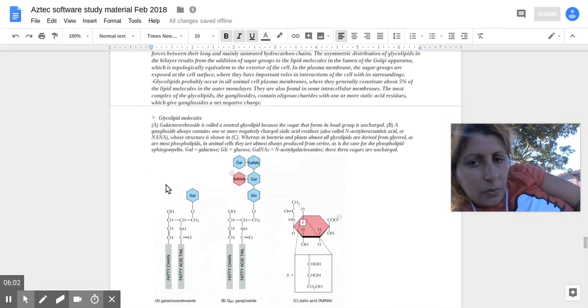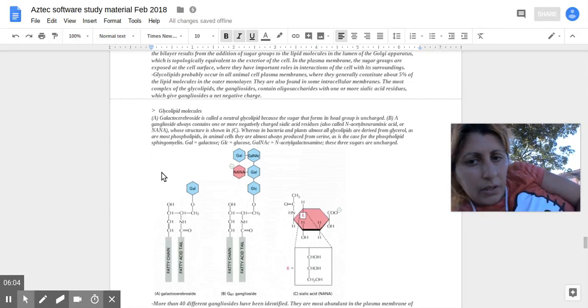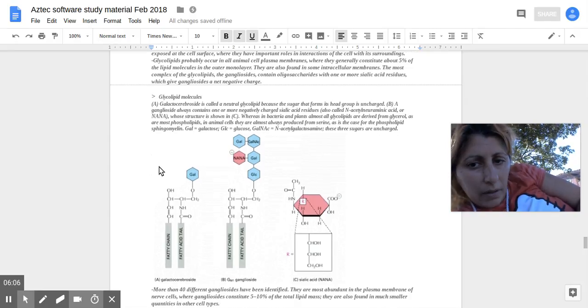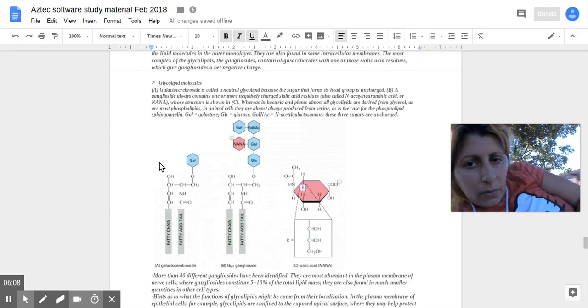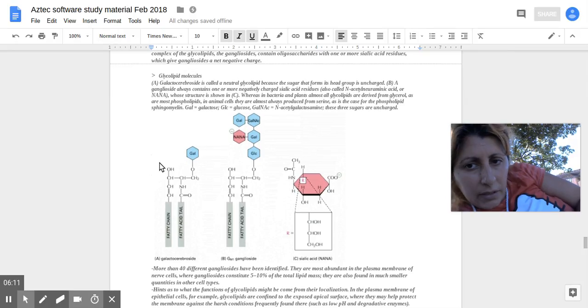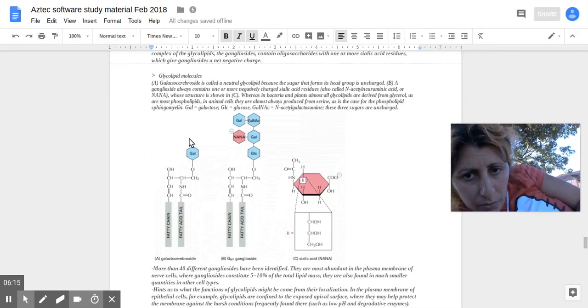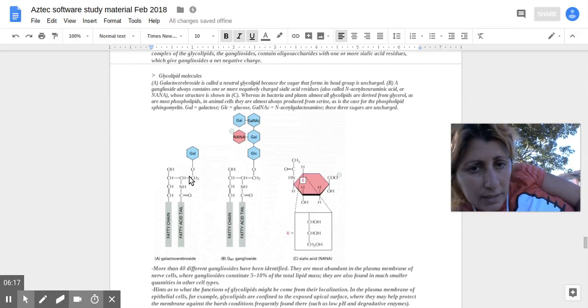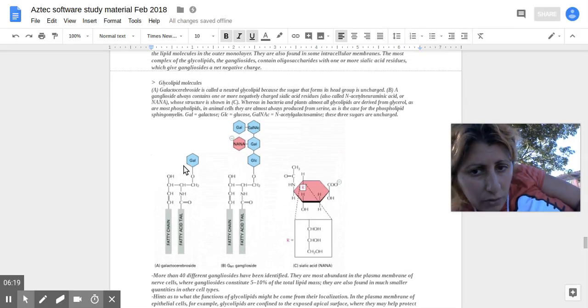So, a diagram showing what these look like, a glycolipid molecule. A cerebroside is called a neutral glycolipid because the sugar that forms its head group is uncharged.